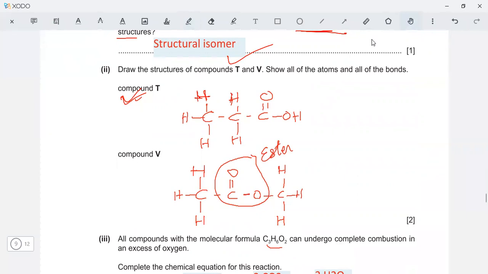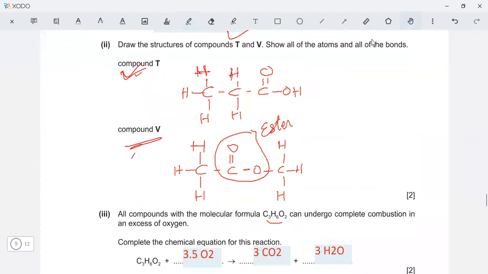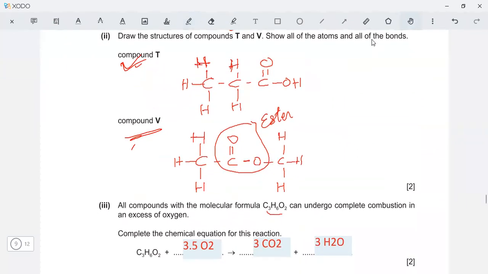It's supposed to be propanoic acid. First draw 3 carbons over here, and then hydrogens attached to the carbons, and at the last you just write the functional group of the acid, C=O and OH, so that will be the acid. 3 carbons means propanoic acid, right?